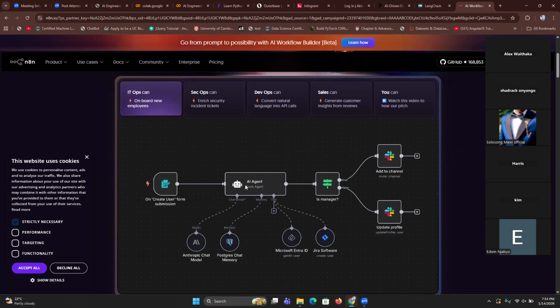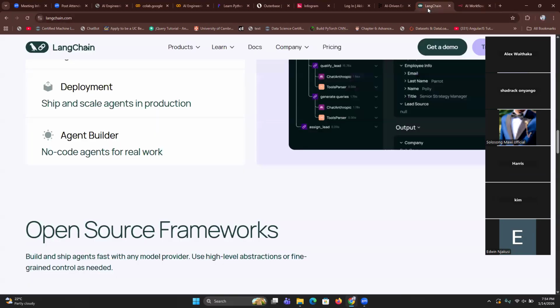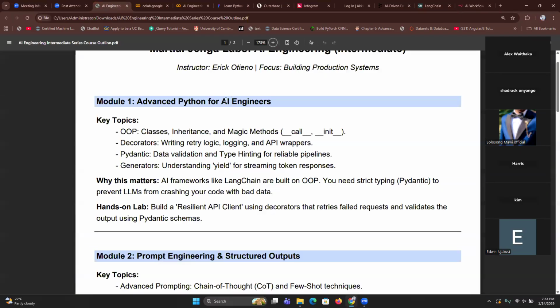For us to understand frameworks like this one that are very, very popular, we need first to understand the fundamentals of LangChain. And for us to understand LangChain in terms of programming, that's why we are now advancing on our Python skills. We are going to see that LangChain is built on OOP concepts.